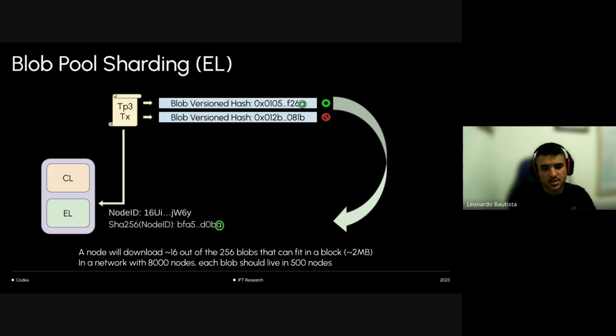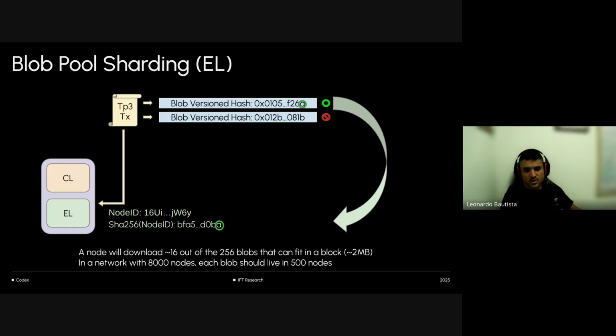Now, what that means is that you will download only about 18 of the 256 blobs that can fit in a block. Okay, so that makes about 2 megabytes of data that you need to download. Today, we are already downloading about 1 megabyte. As I said, today we are already running blocks with 9 blobs, which is a total of about 1 megabyte of data.